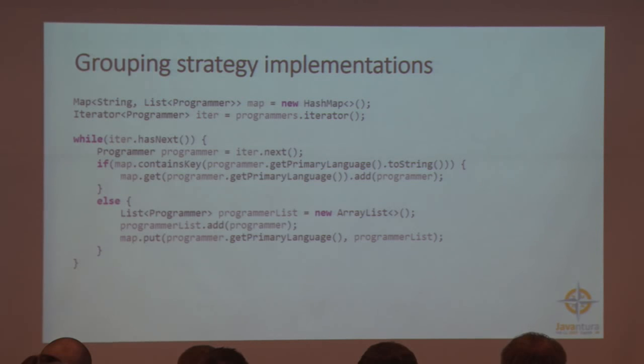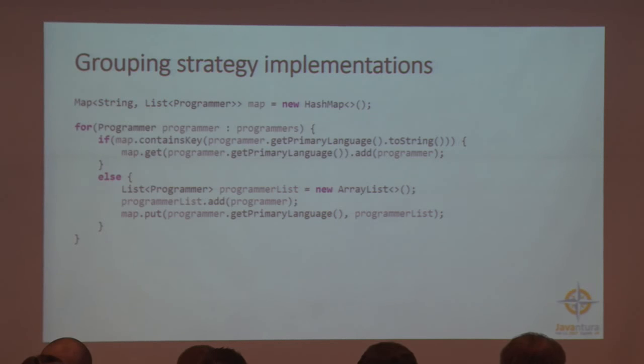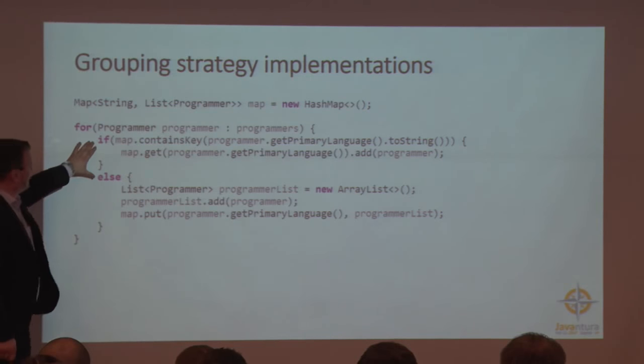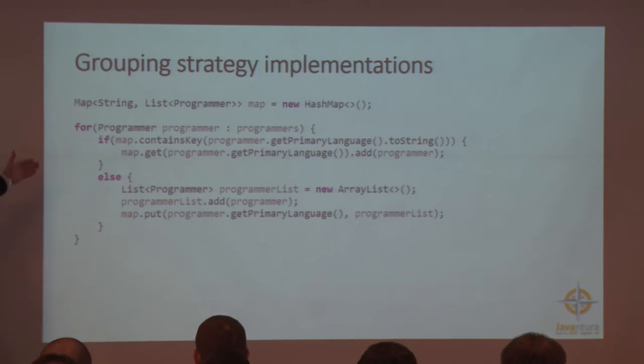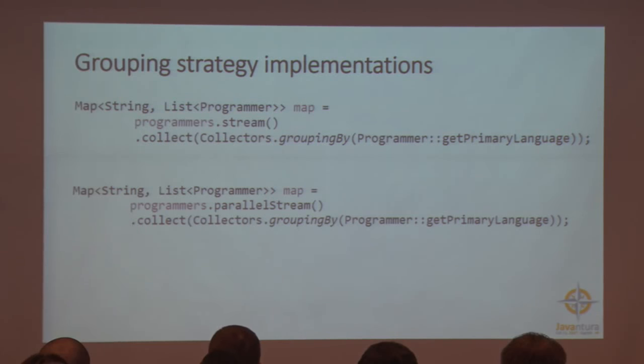Okay, the same thing with lambdas. First of all, we need to cover this shorter version of the iterator, our for loop. The same thing, but without this iterator next. And now the lambdas. Here you can see the power of lambdas.